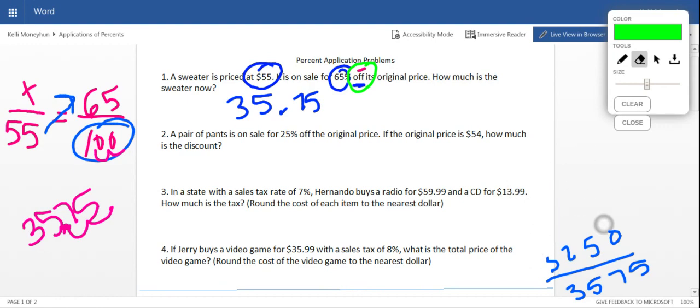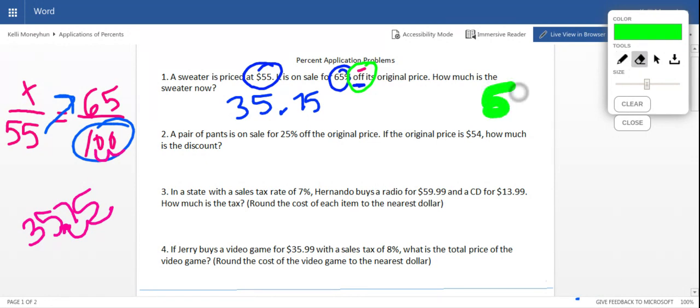Okay, so I'm going to subtract. Oh my goodness gracious. Try again. Okay, $55 minus 35.75.